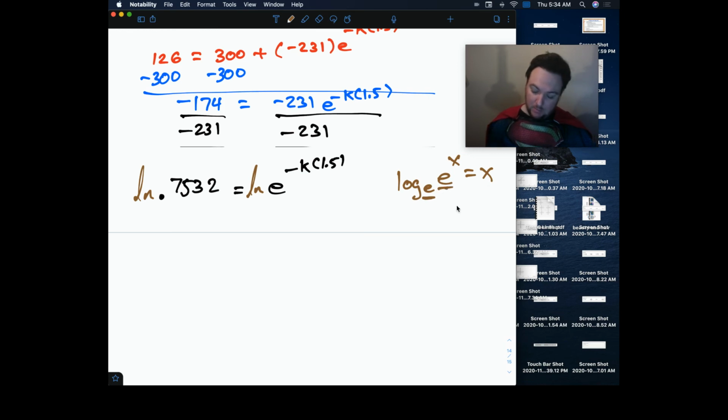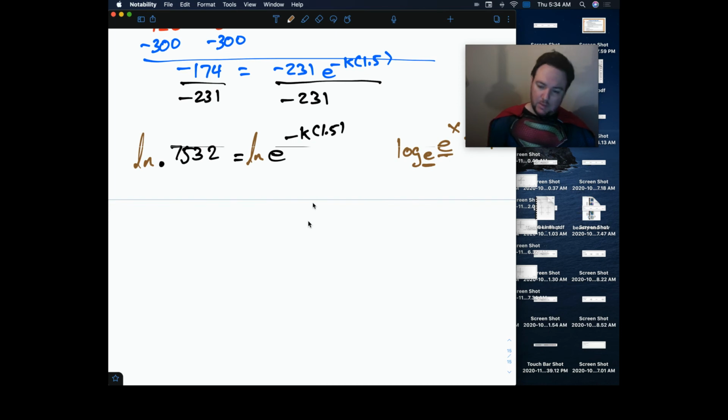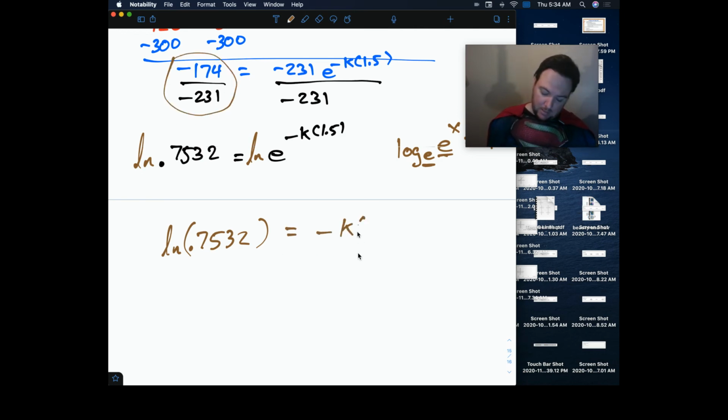It's just the exponent. So we do this, and we get the natural log of 0.7532. This would be a great place to use the store function key when you type this in. It is equal to negative k times 1.5.